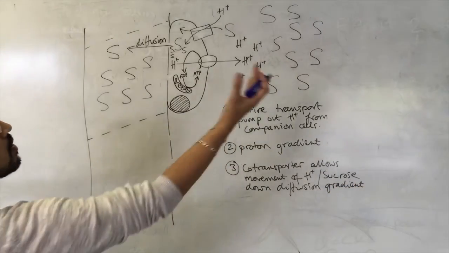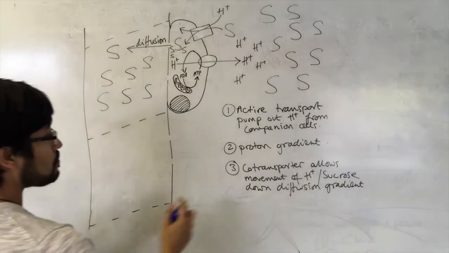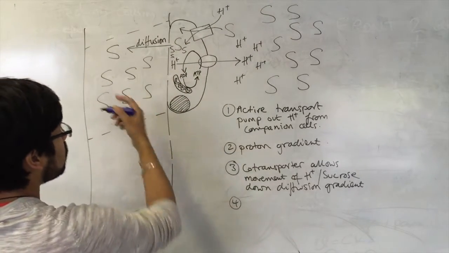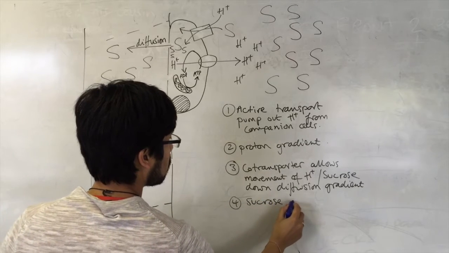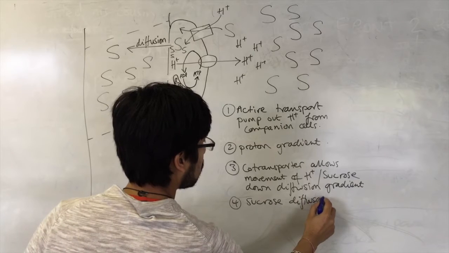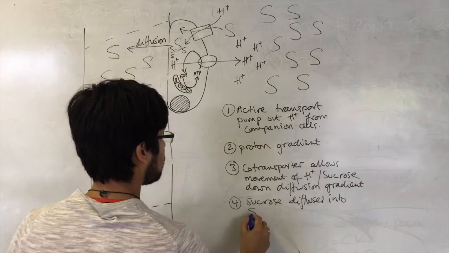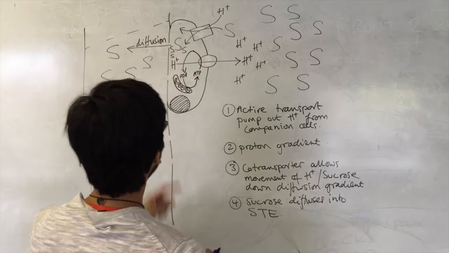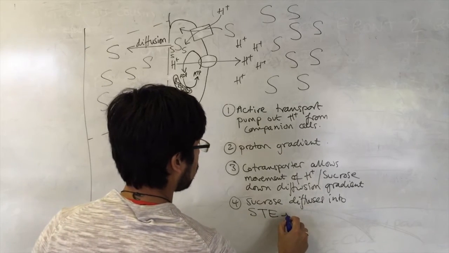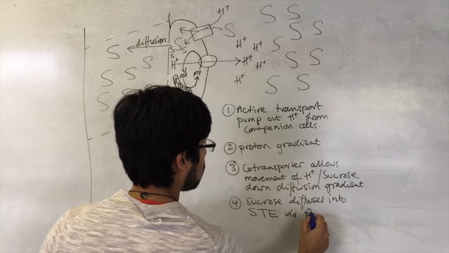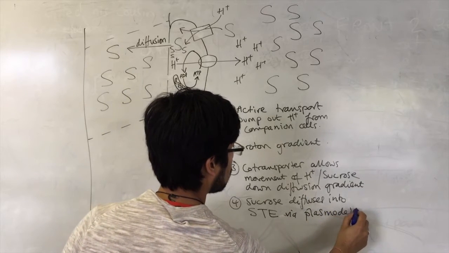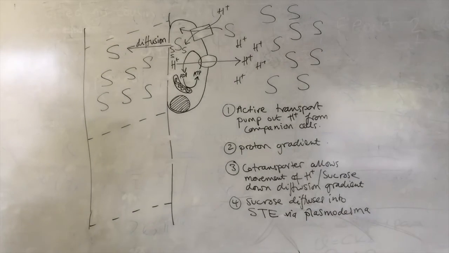Okay, so the cotransporter allows them both in there. 4, sucrose diffuses into sieve tube elements via plasmodesma. Right? Let me just check from where we can go. Yeah, we're okay.